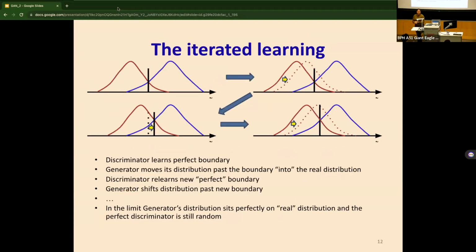And the way that we saw this worked was whenever you have two probability distributions, let's say this was that of your real image and this was generated, so let's call it x. We said that the discriminator will first be trained and it will find some boundary like this.